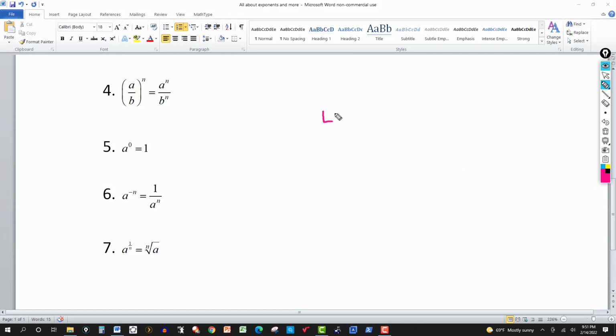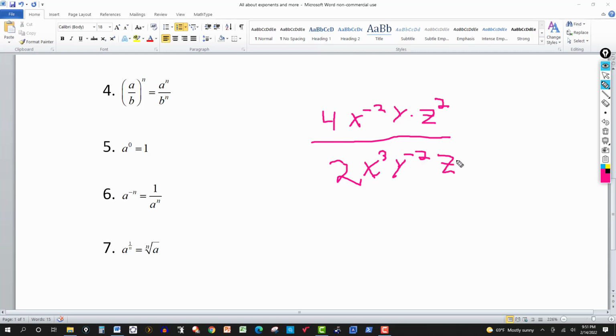Say 4x to the negative 2 y times z to the second over, say, 2x to the third y to the negative 2 over z to the negative 5. And they'll say, simplify this. So they want you to write it with just positive exponents.